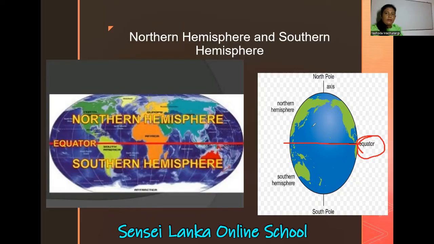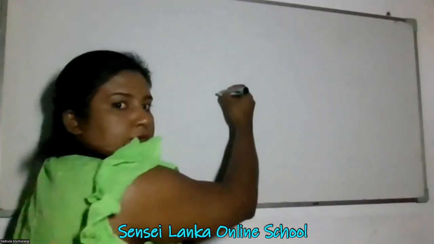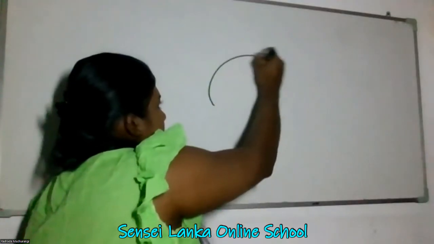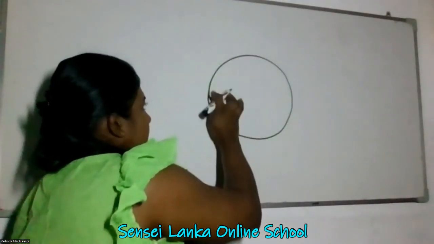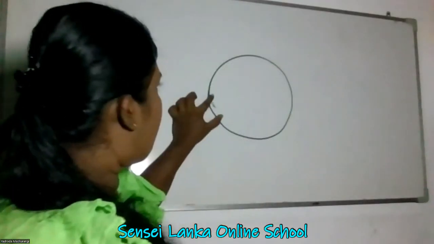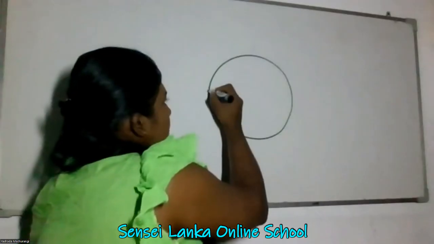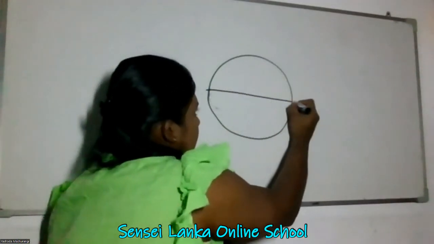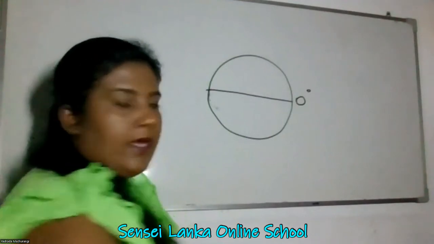If you can look at my board here. Can you look at the board here? If I draw it here. So now this is our model globe. If you draw the equator here.